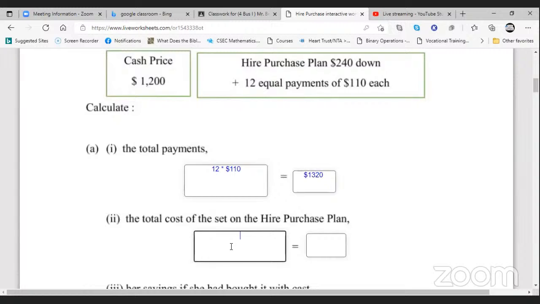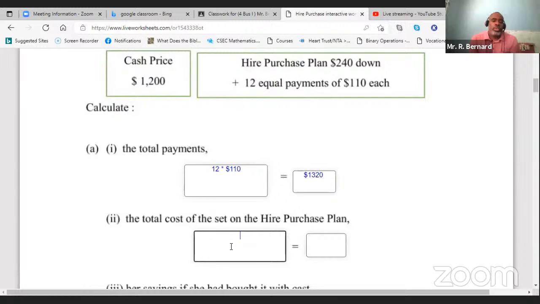Okay. Now the total cost of the set on the hire purchase plan.